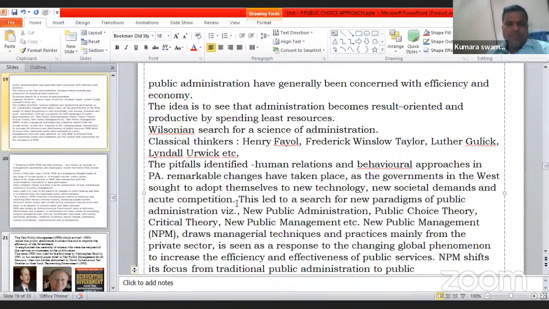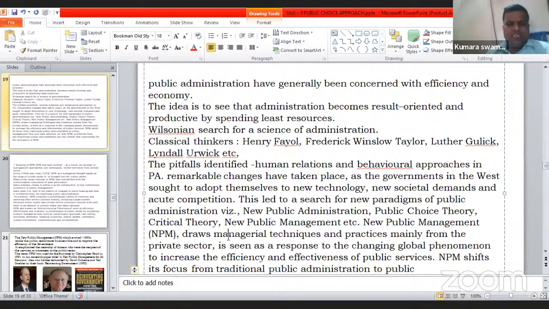And this led to a search for new paradigms in public administration, like new public administration, public choice theory and critical theory. New public management is also a new concept. It draws managerial techniques and practices mainly from the private sector.